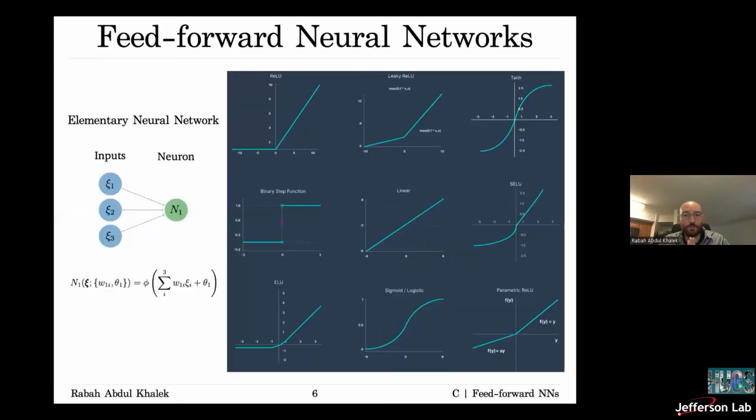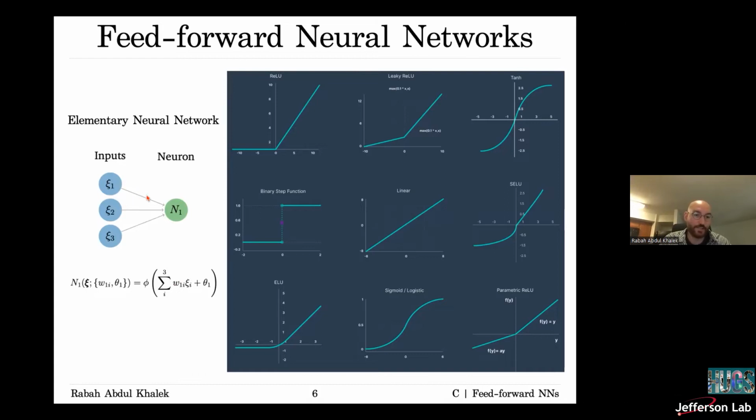Let me introduce the feed-forward neural networks and their mode of operation. Let's take the most elementary minimal neural network. You have 3 inputs and just 1 neuron that they propagate through. The general way you would formulate a neural network is that this node, N1, would be equal to a certain function called the activation function that takes as input the sum of these inputs multiplied by weights.